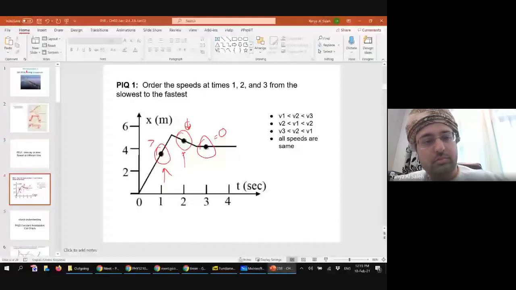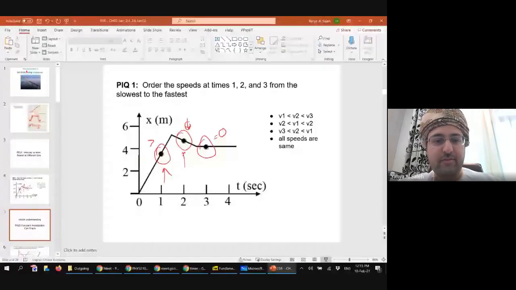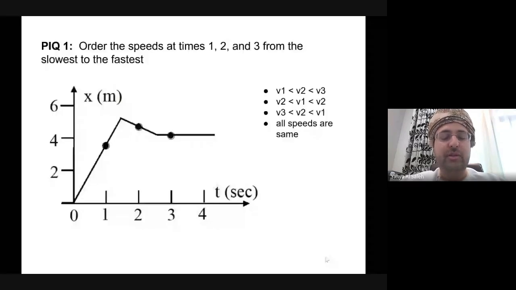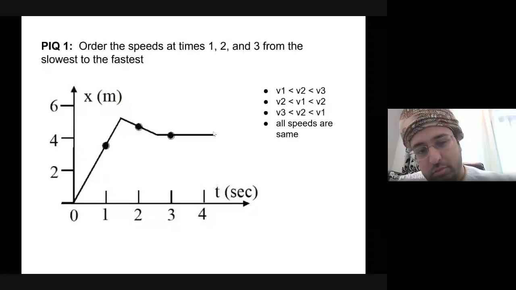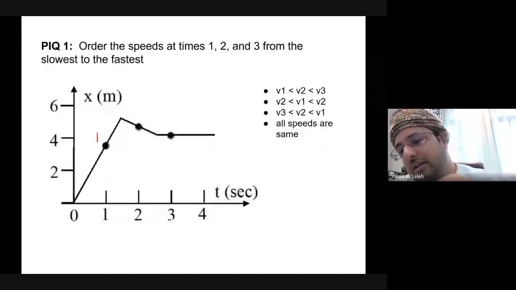So we have a position time graph, and we want to find the speed or the velocity, which is the slope of the line. So we look at the slopes. We have position 1, position 2, position 3.